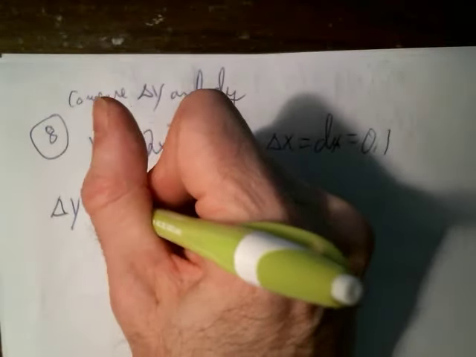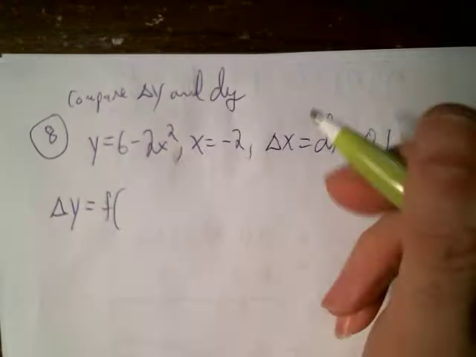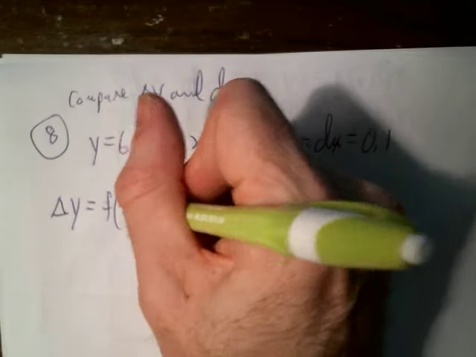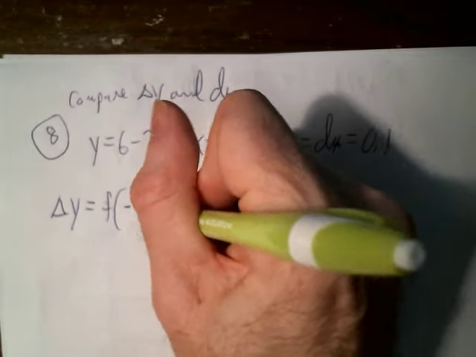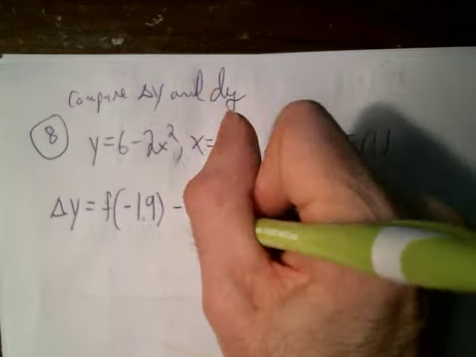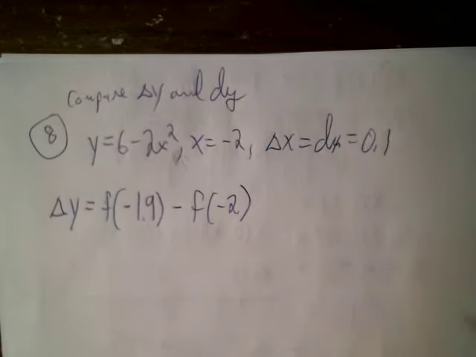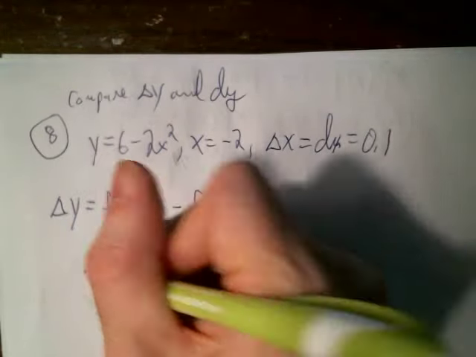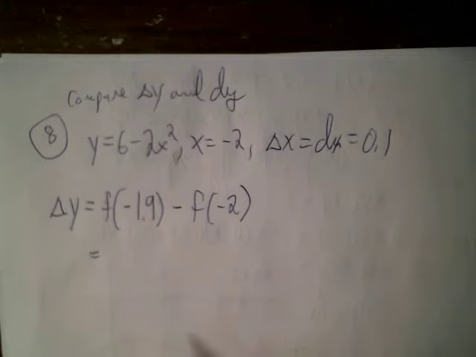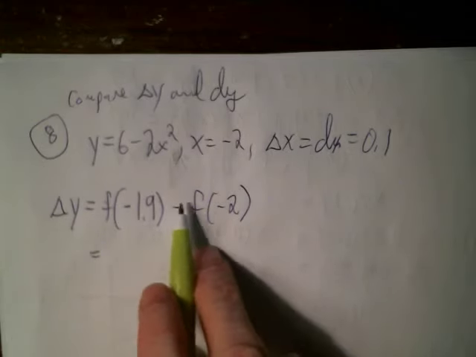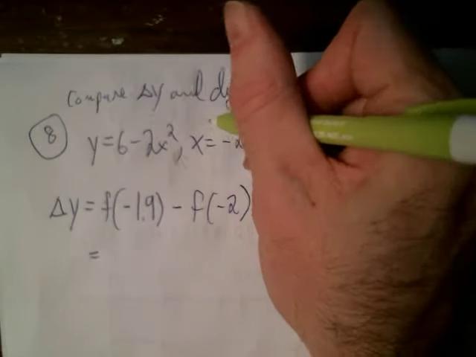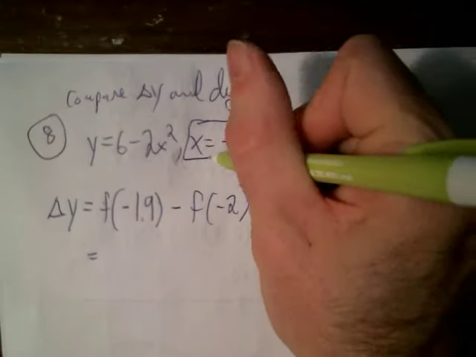So we'll have f of negative 1.9 minus f of negative 2. So the delta y is the actual difference in the heights of the function going from one point to the next. And this is our starting point. You can think of this as your c value.